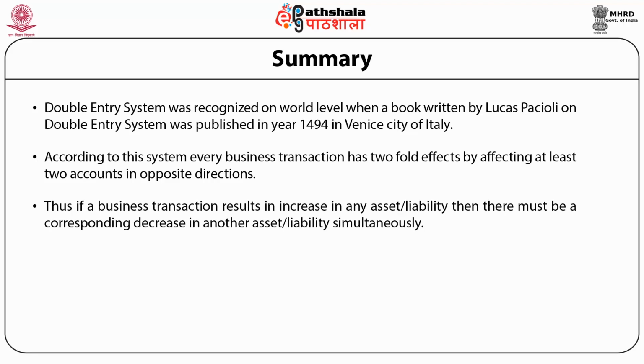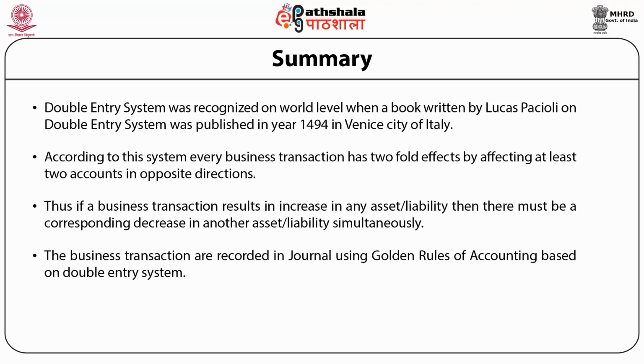Thus, if a business transaction results in increase in any asset or liability, then there must be a corresponding decrease in another asset or liability simultaneously. Finally, we have seen how we record the transaction in the books of journal. Before we record the transaction in the books of journal, we have to apply the golden rules of accounting for the real, personal, and nominal category of accounts.